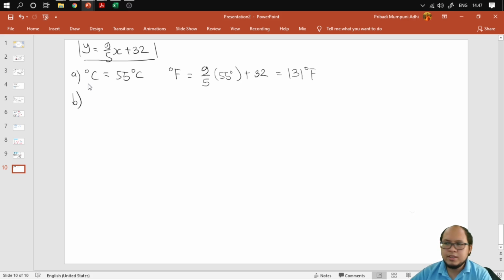And for question B, the degree Fahrenheit is known at 167 degrees. So here the degree Fahrenheit is known. So 167 equals 9 over 5 multiplied by x plus 32.